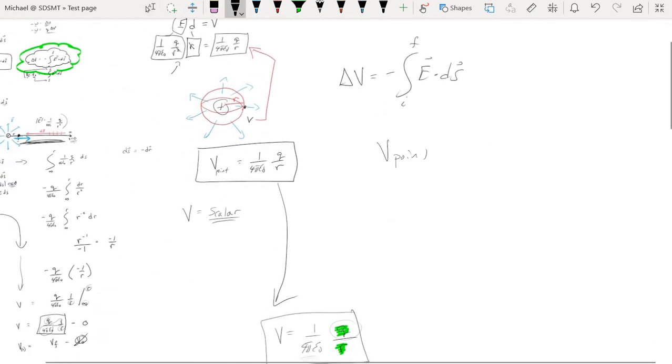We use that to derive the electric potential for a single point charge.